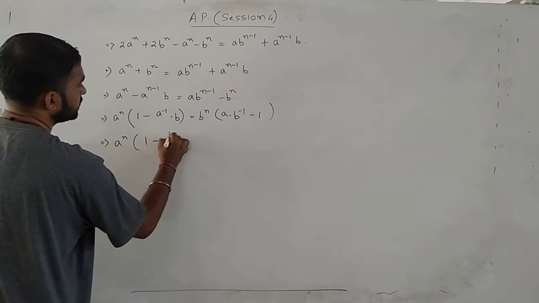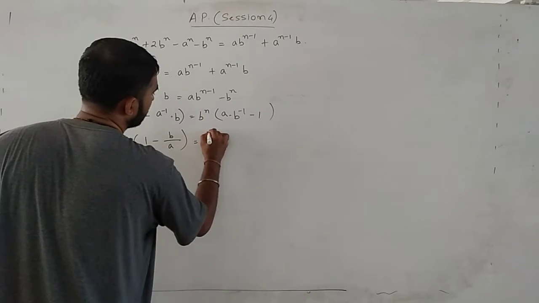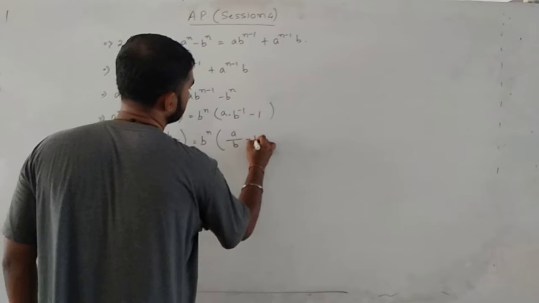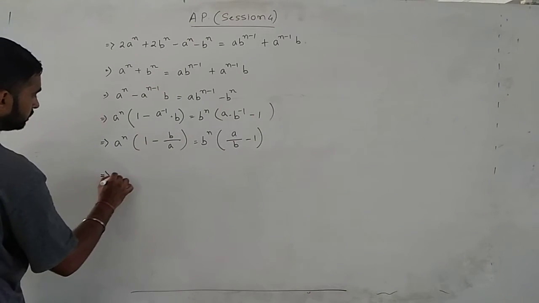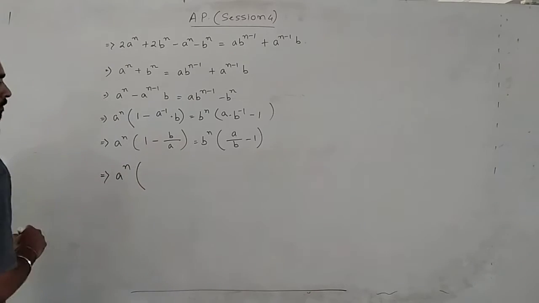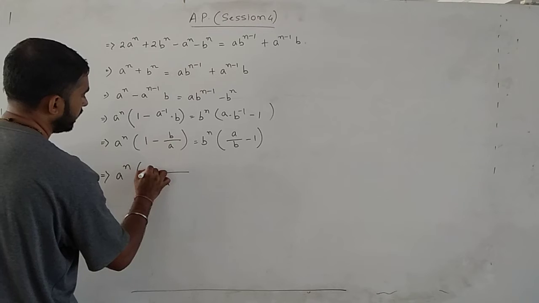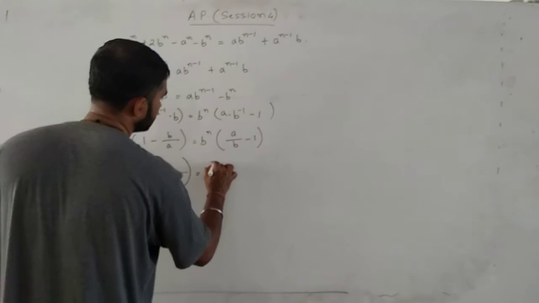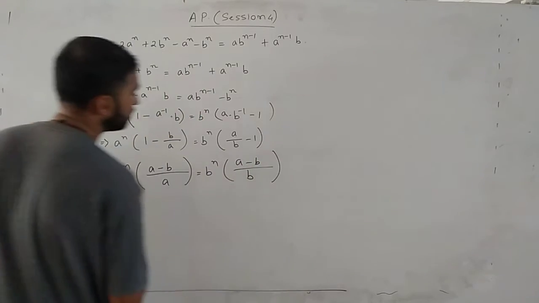A inverse means 1 by a. Here b inverse means a by b. Here the LCM is a, so 1 into a minus b. Here the LCM is b, a minus b.